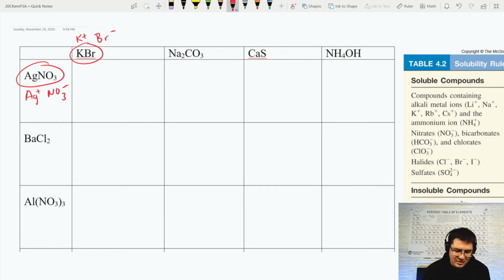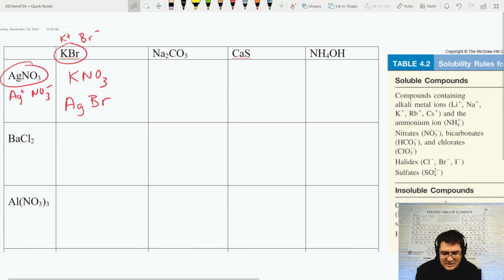They can switch partners. So if I switch these up, potassium nitrate and silver bromide, and these are nice because they're all 1-to-1 ratios, right? Because of the +1 and -1 charge. And so out of those two potential products, let's just list which one would be the precipitate, if there's a precipitate.